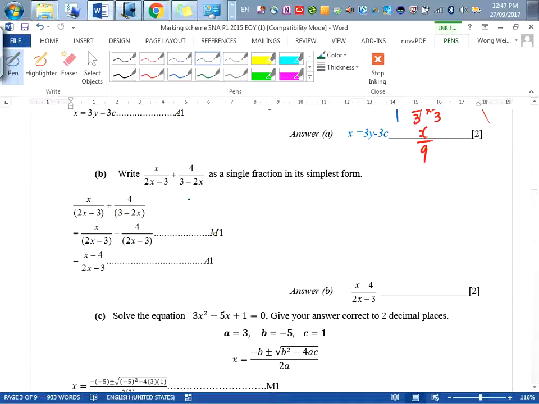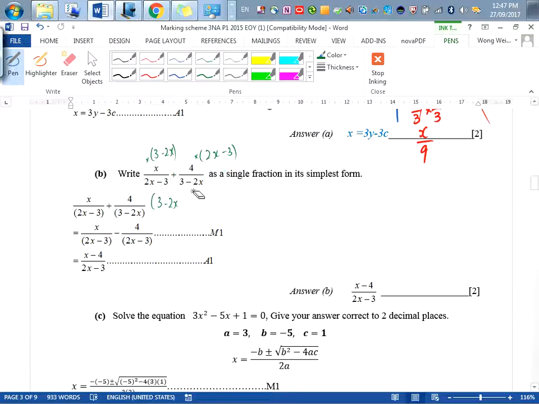I could choose to multiply this by 3 minus 2x, then over here multiply by 3 minus 2x, then here multiply by 2x minus 3, and here multiply by 2x minus 3. Okay, hang on. If I do this, I can get the answer, but it's very tedious. There's a lot of steps involved.